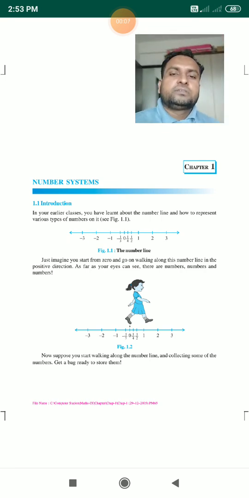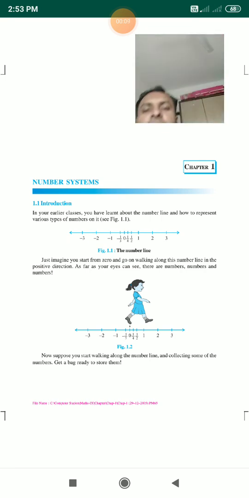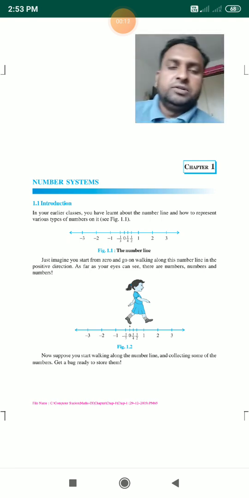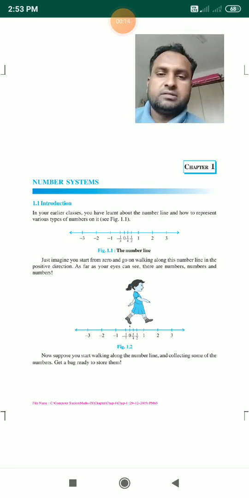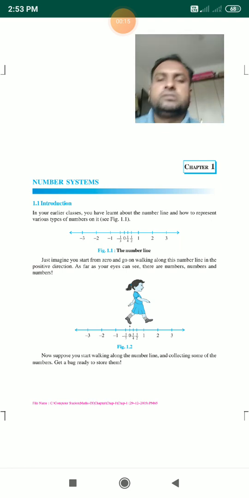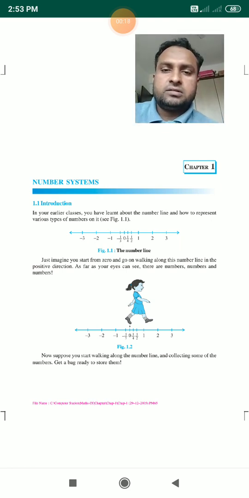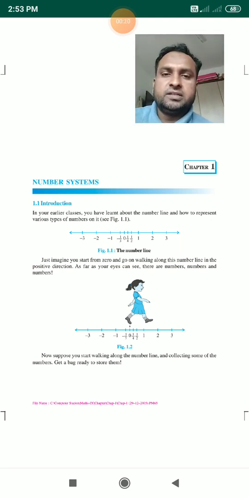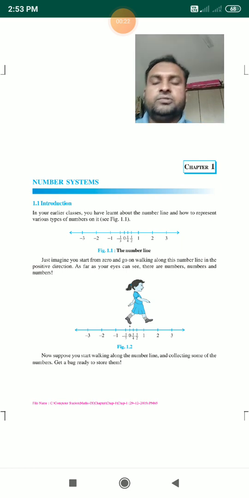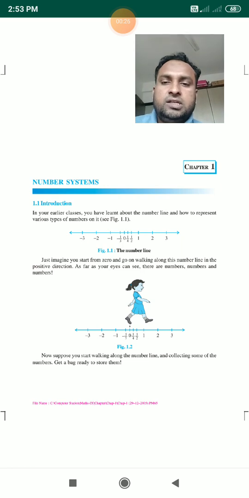Dear students, today I'll do the revision of the first topic because we are going to write the midterm examination on the 17th October onwards. So see, in the number system, what concepts you have to prepare for the examination.